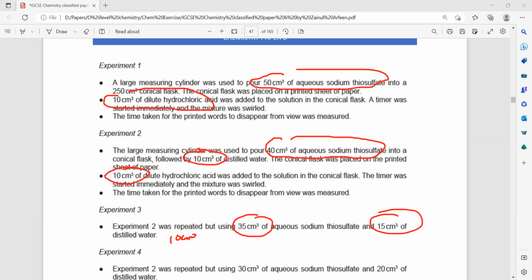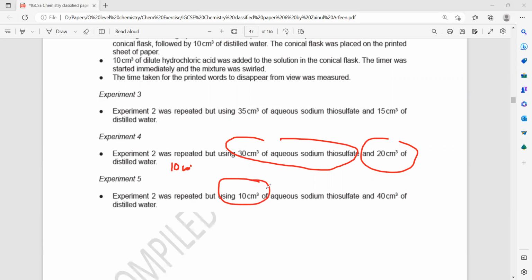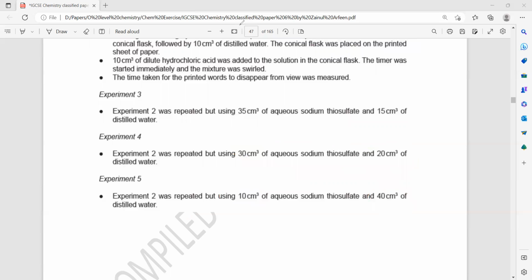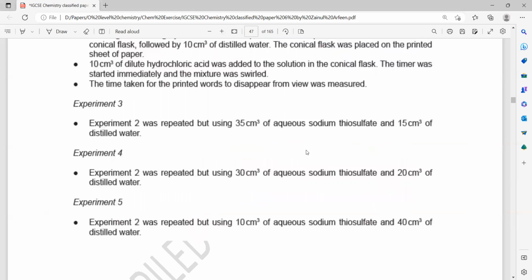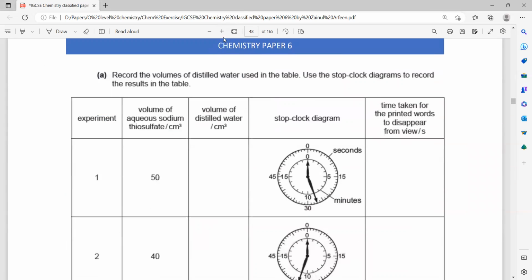Same way, 30 cm³ of thiosulfate, 20 cm³ of distilled water and 10 cm³ of hydrochloric acid. Here 10 cm³ of thiosulfate, 40 cm³ of water, again 10 cm³ of hydrochloric acid. So the amount of hydrochloric acid we did not change. The only thing we did, we used a different amount of water as we changed the amount of thiosulfate.